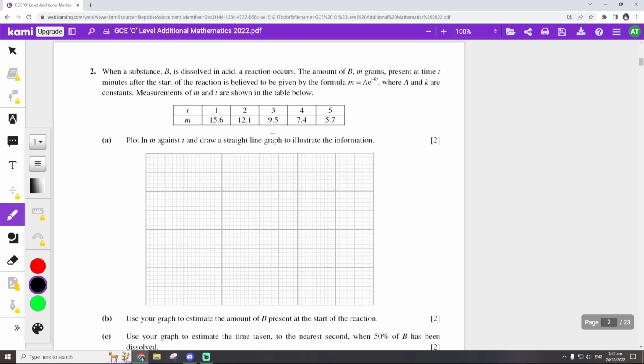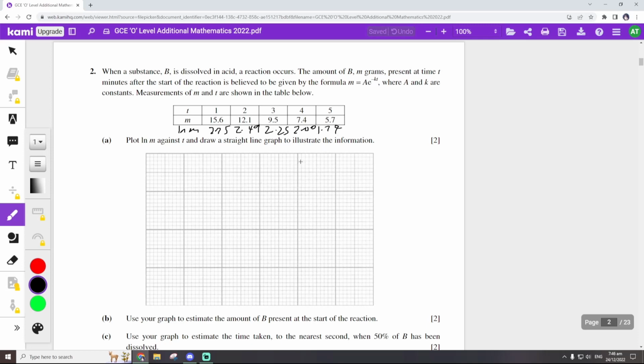So of course we need to draw the table of t and ln m first. 2.75 here, 2.49, 2.25, 2.00, 1.74.